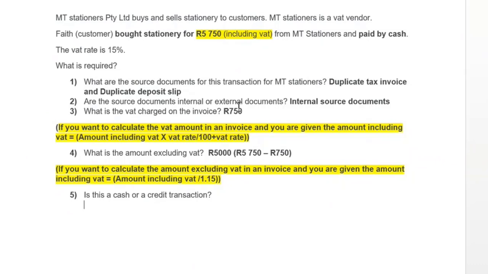So guys, if a question here has given you 5,000 and they want you to calculate the VAT amount, in this exercise we are given the amount excluding VAT, which is 5,000.